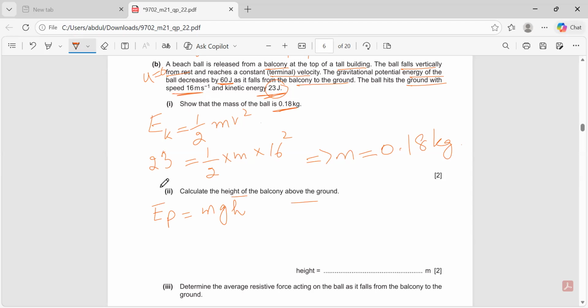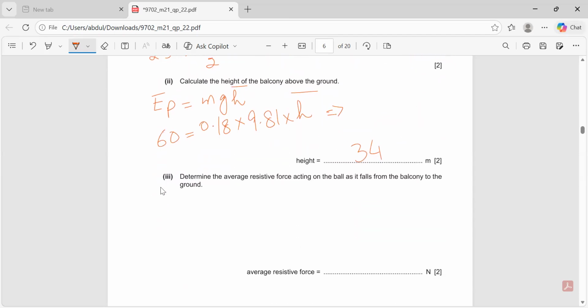It is mentioned here. So 60 is equal to mass, we just calculated 0.18, times the value of g, 9.81, times height. So making the height the subject of the equation, we are getting, my dear sons, 34 meters. Very simple, straightforward. No need to worry about this.